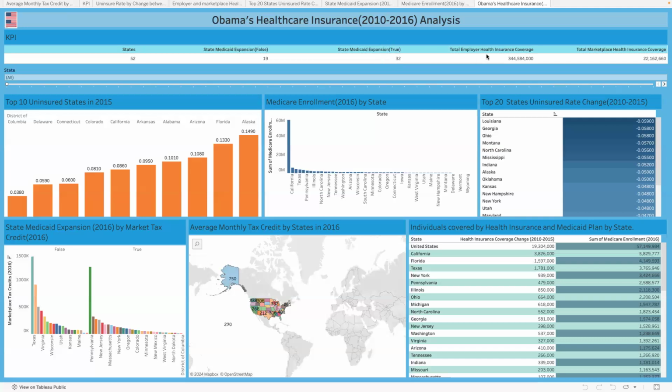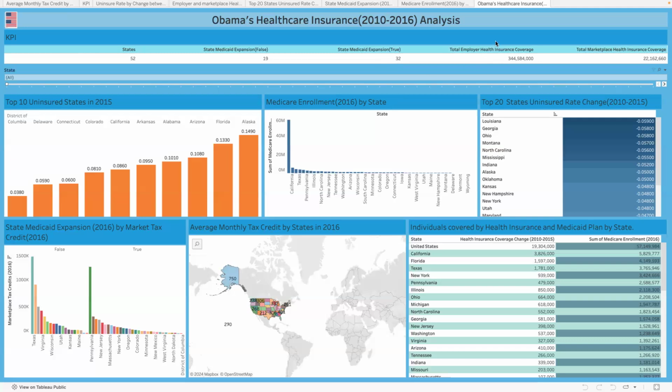And we have total employer health insurance coverage. Before the Obama Medicaid expansion, most Americans got their medical insurance from their employers. However, not all jobs were covered, especially part-time or low-wage jobs.